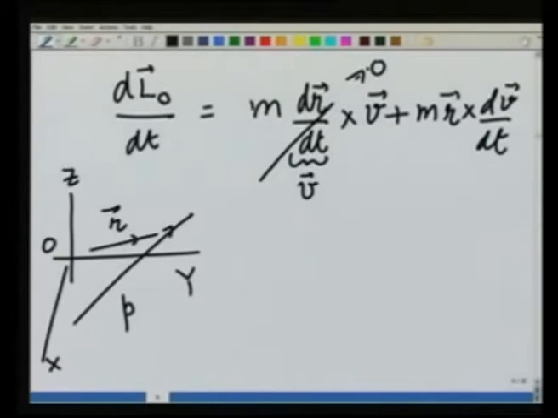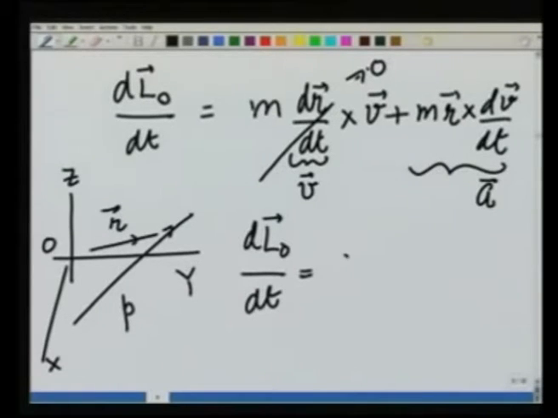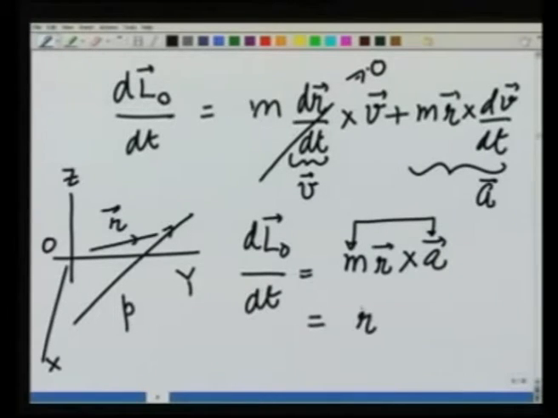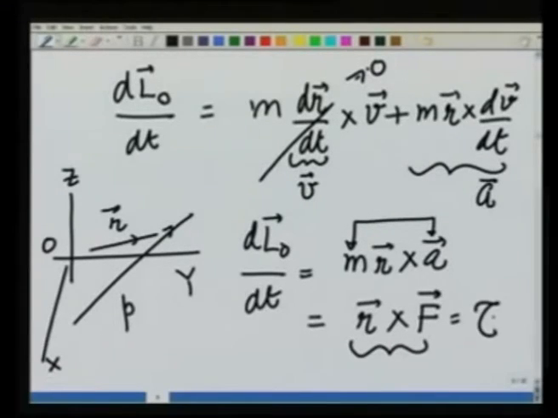And therefore, what you are left with is this quantity. In this, dv/dt, the derivative of velocity with respect to time, is the acceleration. So, I have dL_O/dt is equal to m r cross the acceleration. M times the acceleration is the force, and therefore, this is equal to r cross F. And we define this quantity to be the torque, and I am going to denote it with the symbol tau.